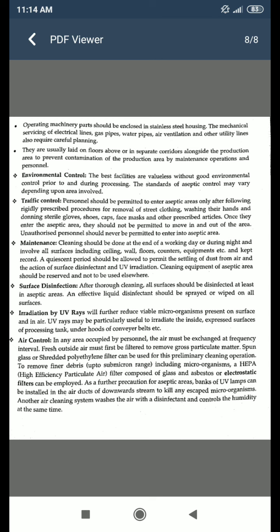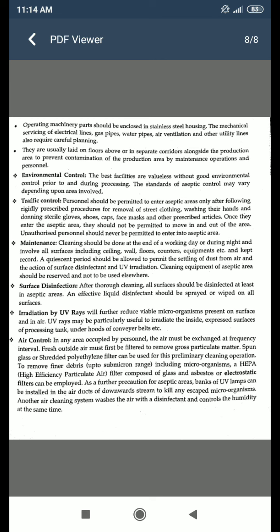Once they enter the aseptic area, they should not be permitted to move in and out of the area. Unauthorized persons should never be permitted to enter into the aseptic area.